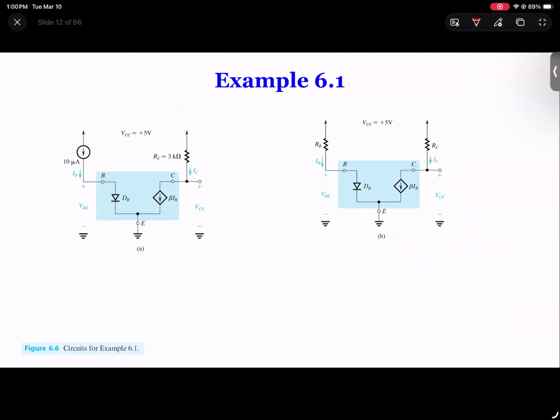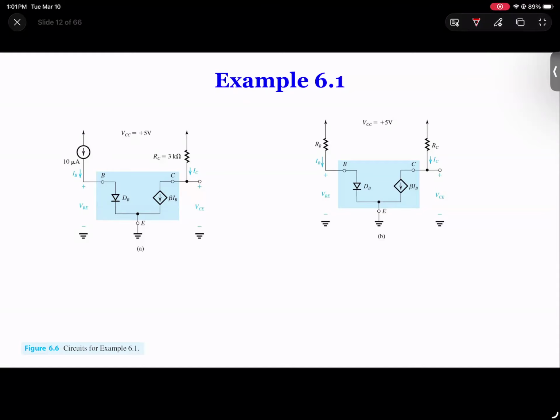It's really hard to understand why you do that, right? So if you don't get it, that's fine. Just use the BJT symbol.